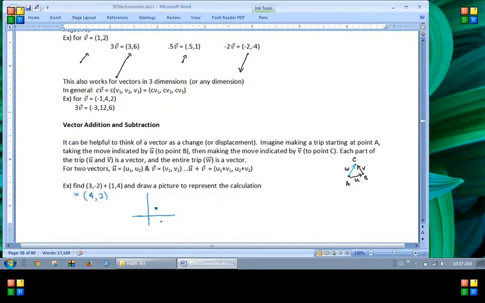Remember, when we don't have a starting point, we assume the starting point is the origin. So we go from here to here. And then we go 1, 4. So you go 1, 4, like that. So in a sense, this is your u and that's your v. But then we want the whole trip, and the whole trip was this one. We just calculated that the whole trip is 4, 2. And looking at the picture, that should make sense.